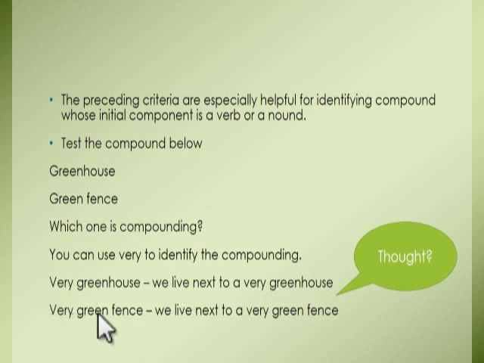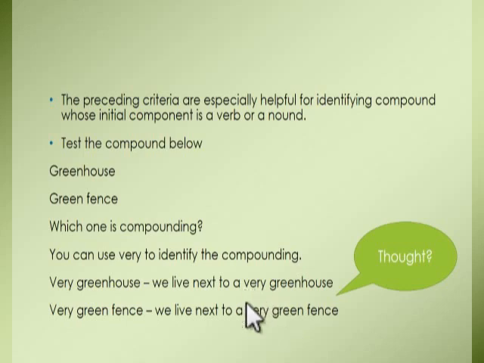Very green fence. We live next to a very green fence. So this is a fence that is painted green, with the level of, for example, the darkness of the color being very strong, or it is painted boldly.